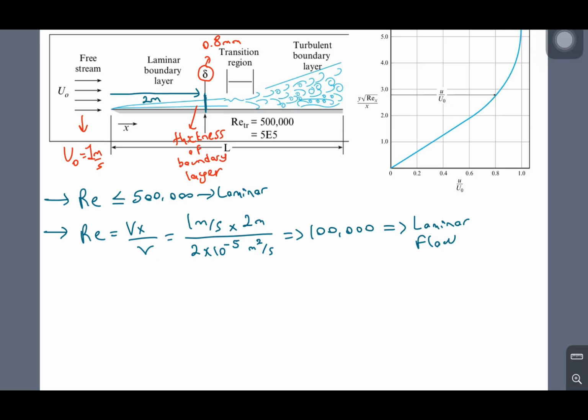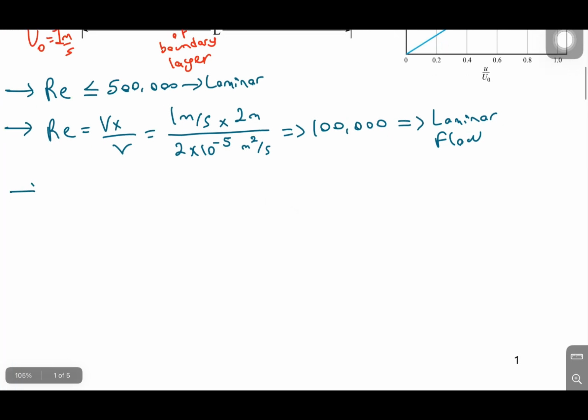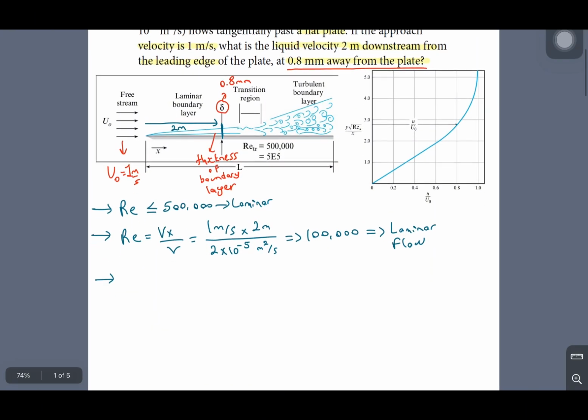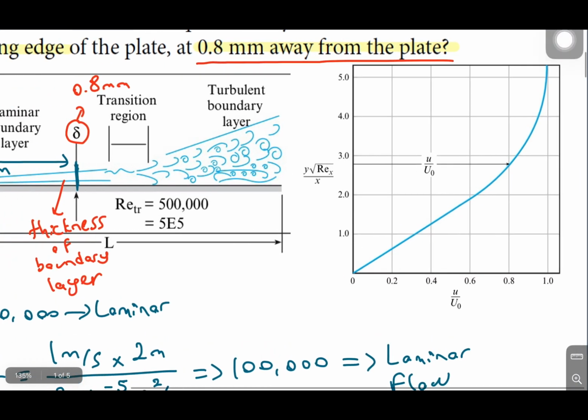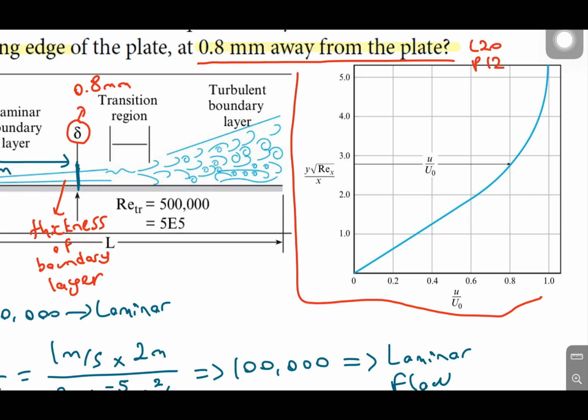So we need to use laminar flow equations. In the question we are asked to find velocity, so we will use this solution, which you can find in your lecture 20, page 12, and this is called the Blasius solution.